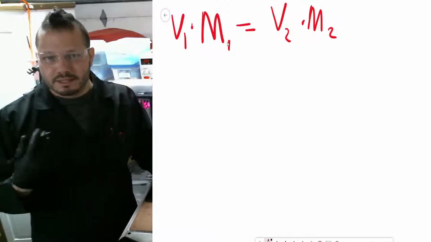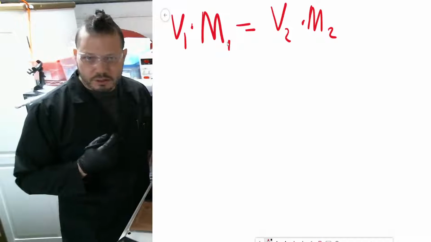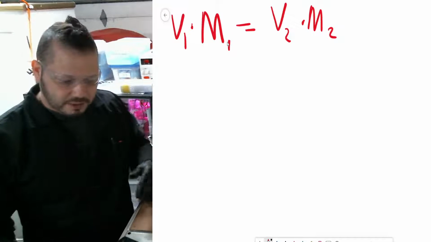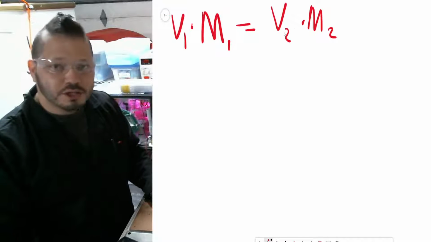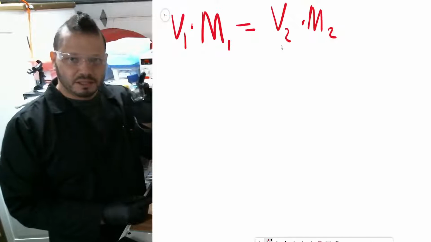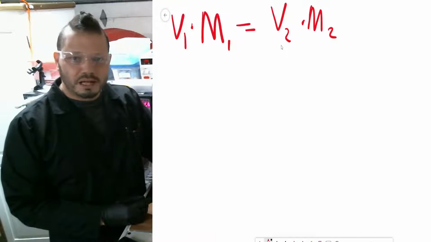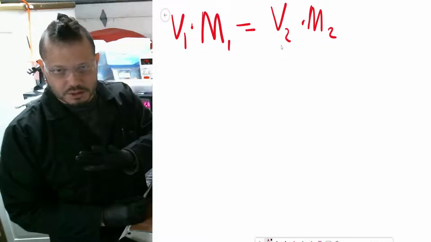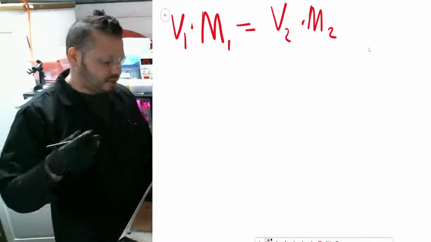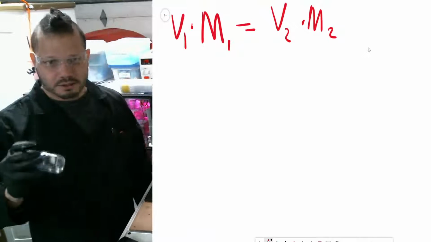M1 is the concentration of your original solution, which in this case is 0.285. V2 is the total volume, which in this case is going to be 50 milliliters, so it's the total volume of new solution. And M2 is the desired concentration of the solution.